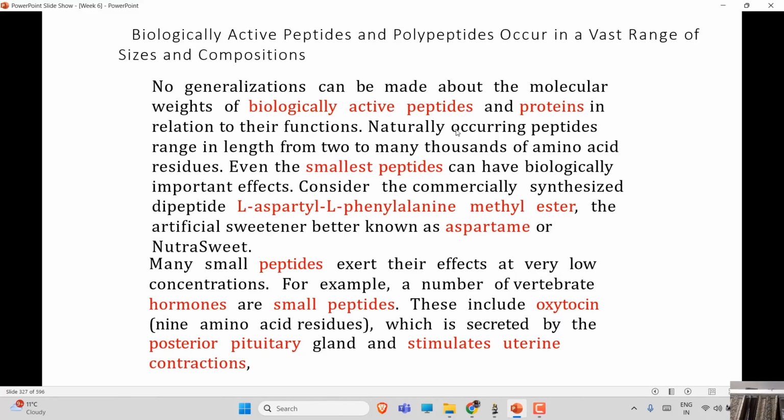Now, biologically active peptides and polypeptides occur in a vast range of lengths and compositions. So, no generalizations can be made about the molecular weights in relation to their functions. Naturally occurring peptides range from 2 to many thousands of amino acids.